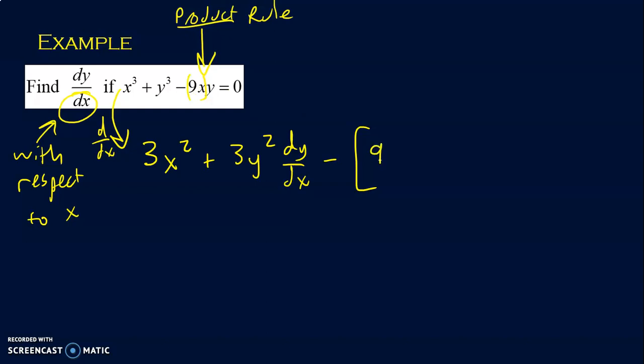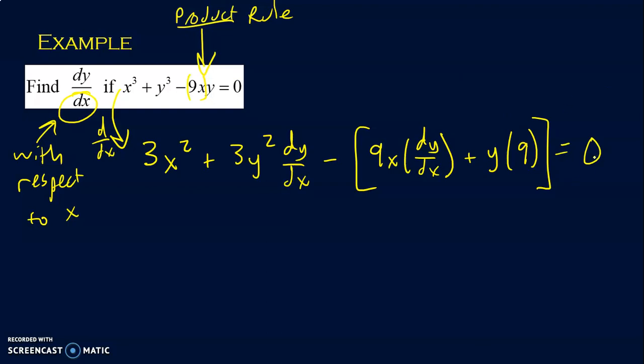So first I'm going to do 9x times the derivative of y. The derivative of y with respect to x would be dy dx. And then I'm going to do y times the derivative of 9x. The derivative of 9x would just be 9. Derivative of a constant, whether it's 0 or not, is 0.